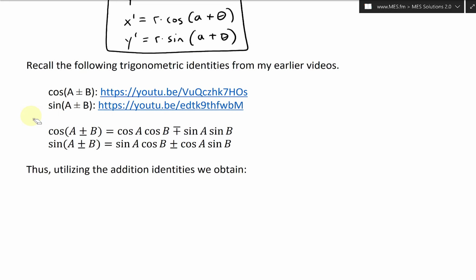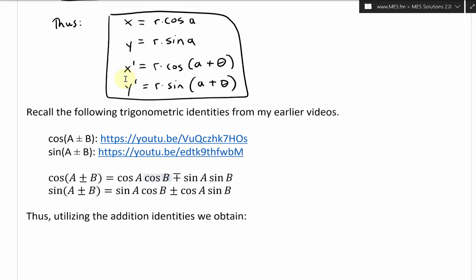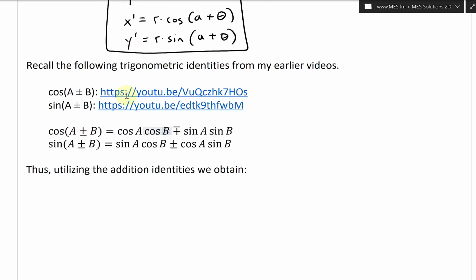All right, so thus, utilizing the addition identities, we look at x prime and y prime. We have x prime equal to r times cosine of a plus theta. Now we can plug this into that formula here, which I derived in these two videos, so make sure to watch those if you want to see the proof.